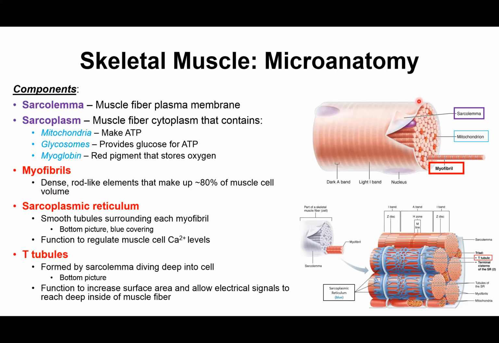So this picture is representing a muscle fiber or an entire muscle cell, and you can see inside of it are many myofibrils, also mitochondria and sarcolemma and so on. Okay, so let's see what some of these things mean. All right, the sarcolemma is just the plasma membrane that's covering muscle fibers.